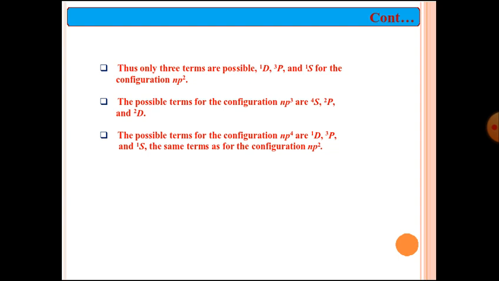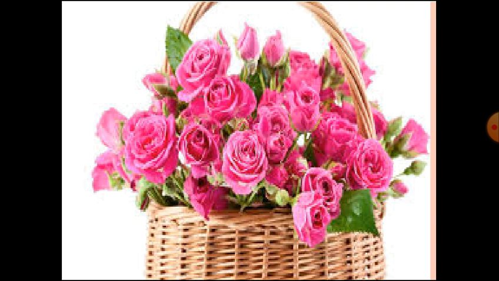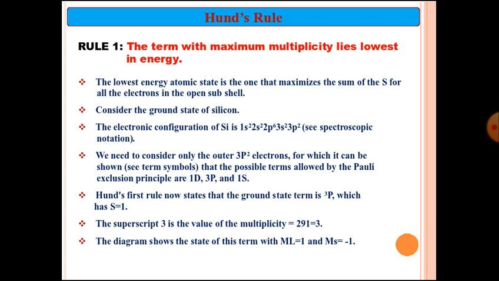The possible terms for the configuration np power 4 are 1D, 3P and 1S, the same terms as for the configuration np square. This topic is over. Next, going to the next topic, Hund's rules.